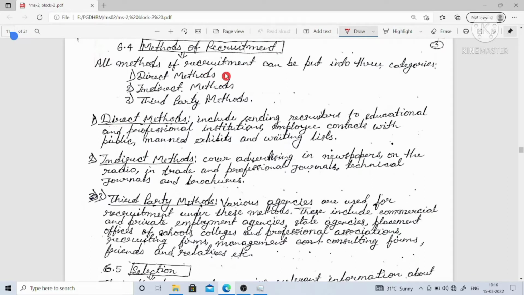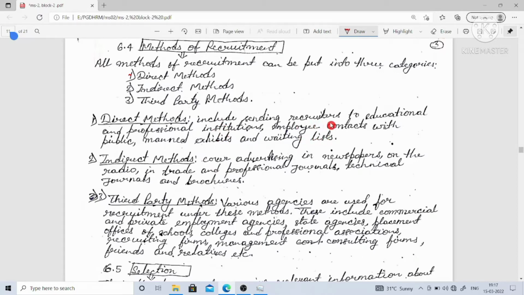So all methods of recruitment can be put into three categories. First, direct method, second, indirect method, and third, third party methods. So in direct methods of recruitment, what happens? Direct methods include sending recruiters to educational and professional institutions, employee contacts with public, manned exhibits, and waiting lists.